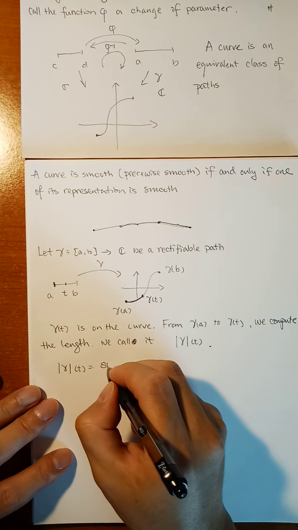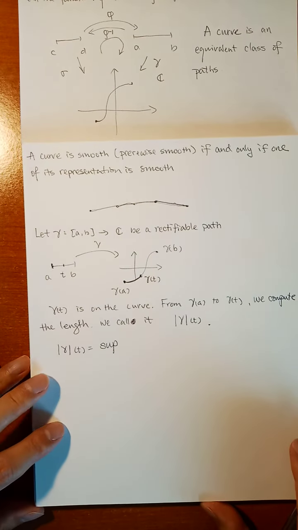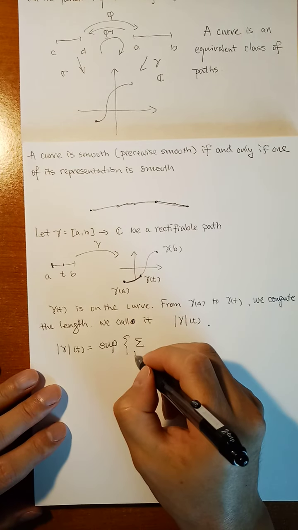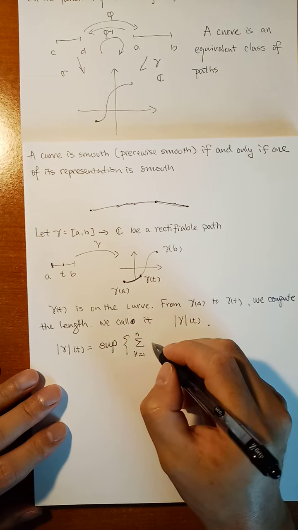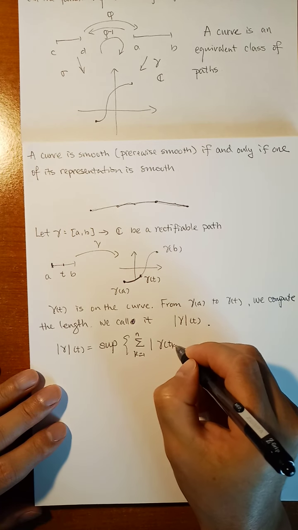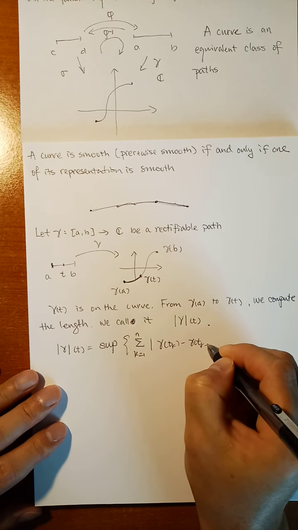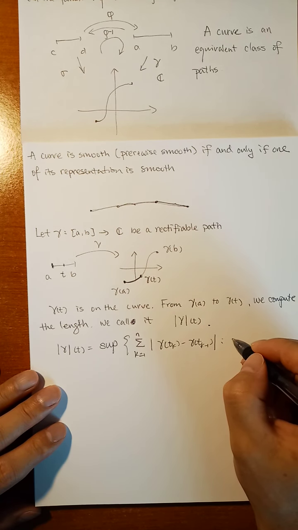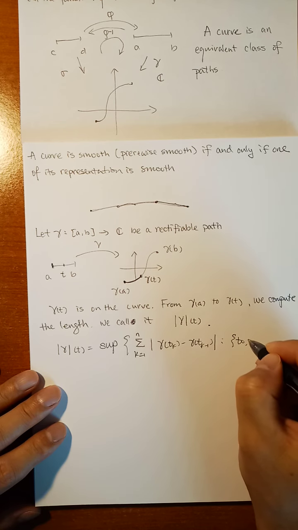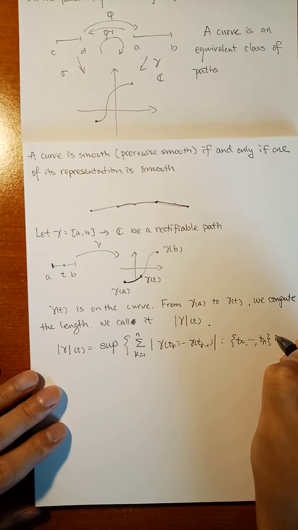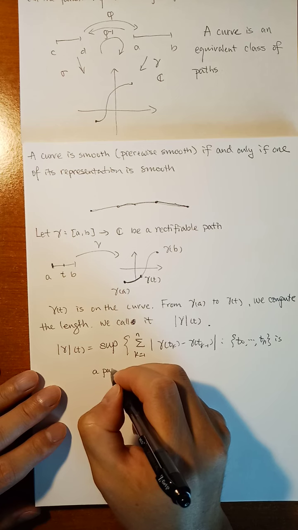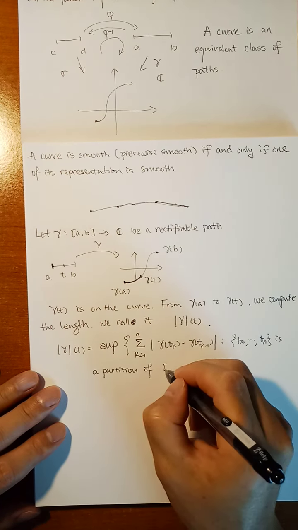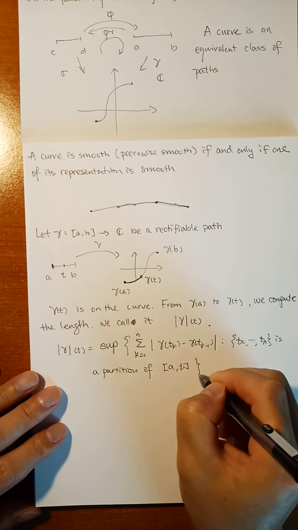Okay, so what is the absolute value of gamma evaluated at T? It is the supremum, which is the total variation, of the sum from k equals 1 to n of the absolute value of gamma of tk minus gamma of tk minus 1, where t0 through tn is a partition of the interval [a, t].